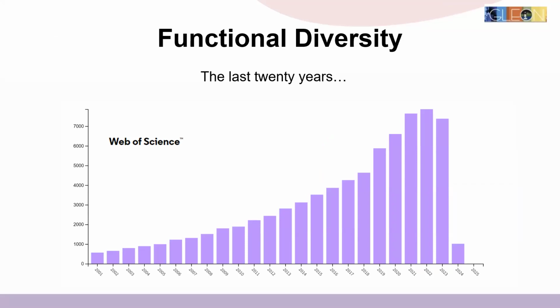In the past 20 years, some researchers started to define functional diversity and what a functional trait is, and proposed some indexes to calculate it. So in the last 20 years, we can observe a huge increase in studies of functional diversity.